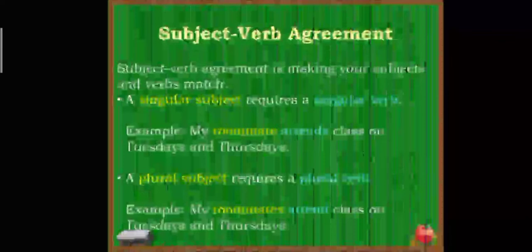For example, my roommates attend class on Tuesdays and Thursdays. So children, you can see the difference. In the first sentence, my roommate is singular, so the verb attends is also singular. In the second sentence, my roommates attend class. Here roommates is plural, so attend is also plural.